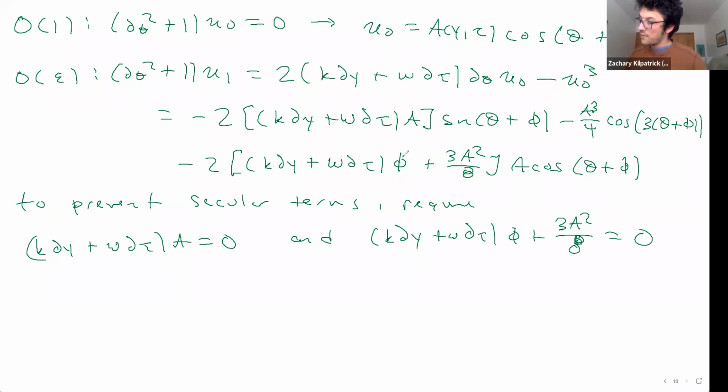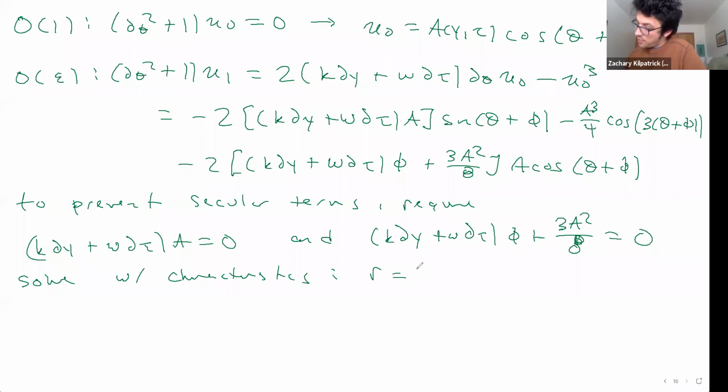So this coefficient here and this coefficient here. Now we can solve this, using characteristic equations. This is really just a transport equation, like a transport operator plus just some inhomogeneity that you can solve for over here.